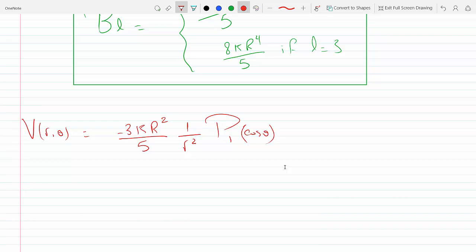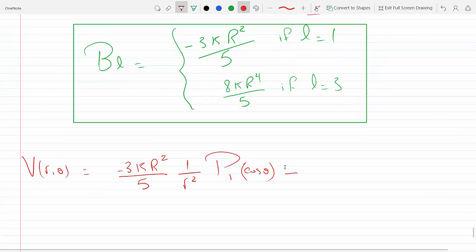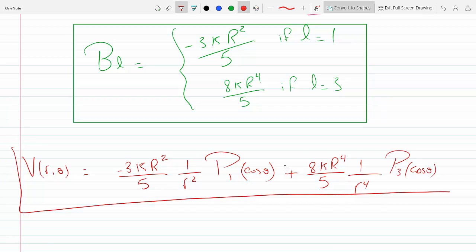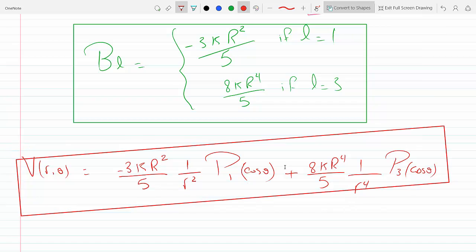Then the second term that survived is when L equals 3, so plus 8k R^4 over 5, 1 over r^4, times P3 cosine theta. So this is the potential outside the sphere, for r greater than or equal to R.